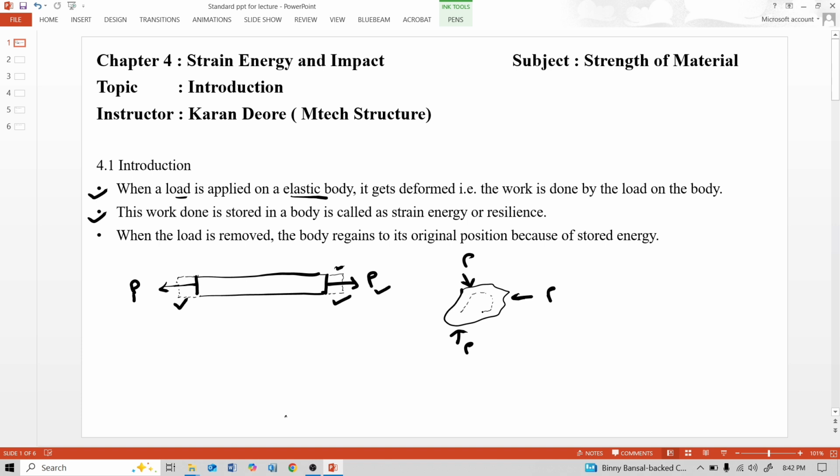It changes its length. See, this dotted portion is the deformation of this body, and this P load acting on this body means work is done on this body, and this work done stored in a body is called strain energy. Due to this P force acting on this body, it changes its shape, and here this body stores its energy.